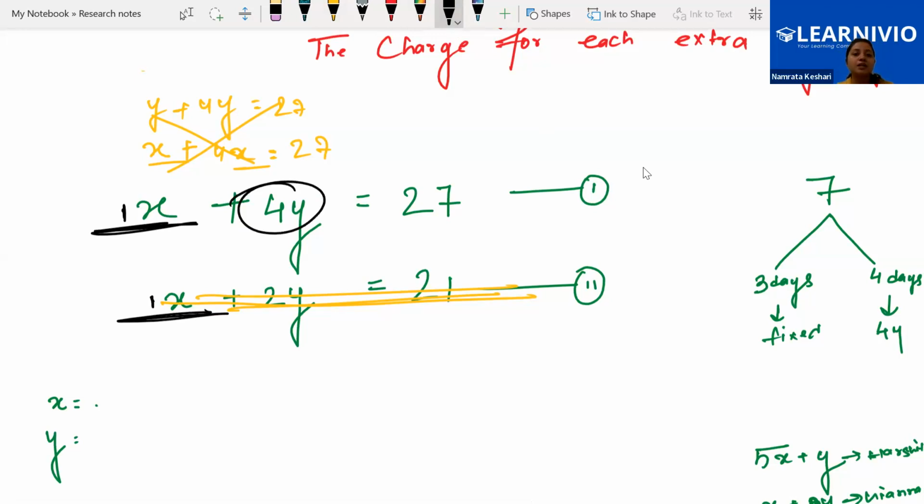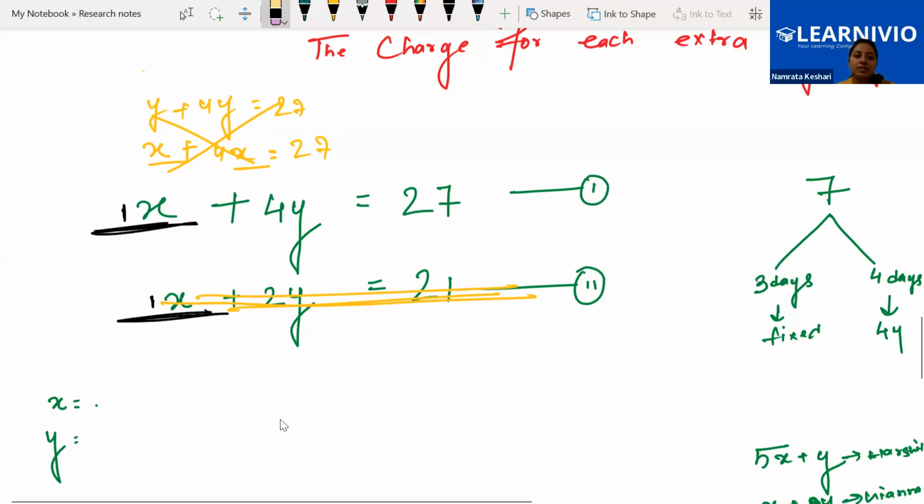Here 4y is there, here 2y is there, so we are not going to focus on that. We are going to focus on x and x, and remove this x variable.